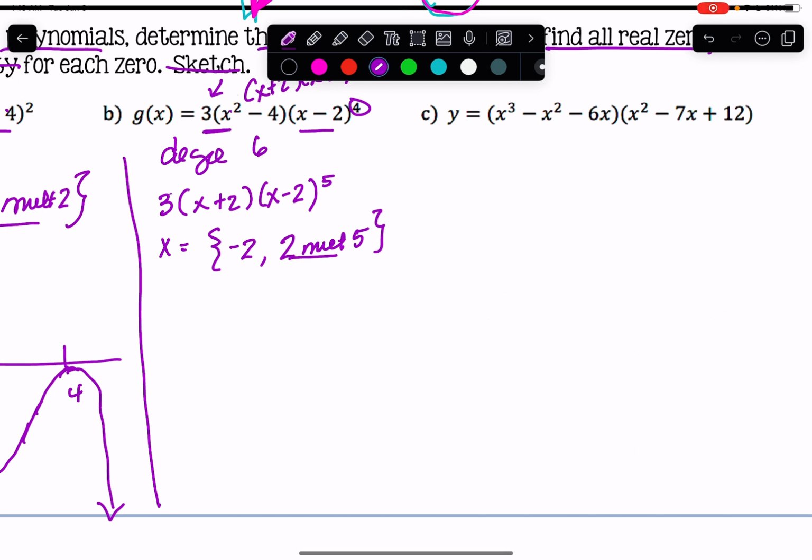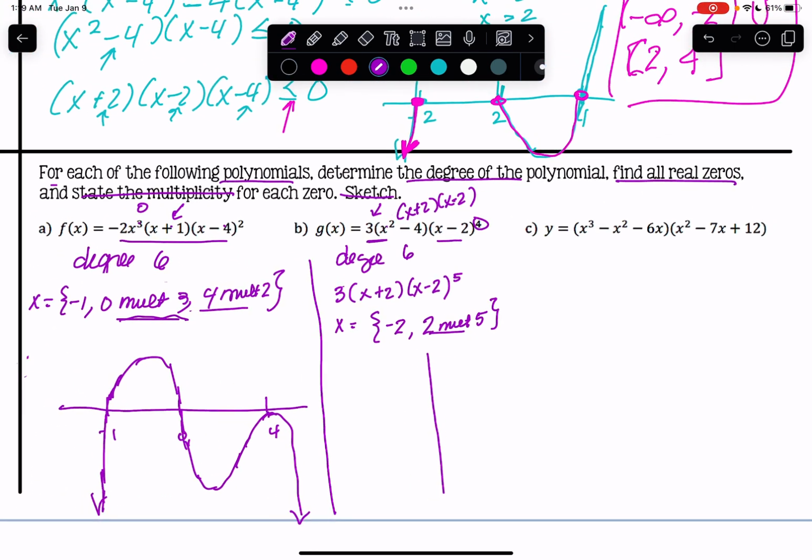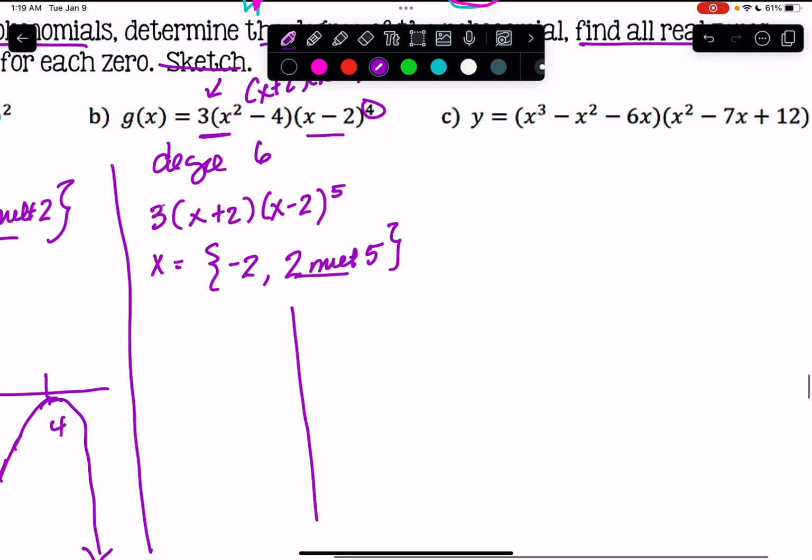All right, so we're going to sketch it. I want to do it the other way. We have -2 and 2.